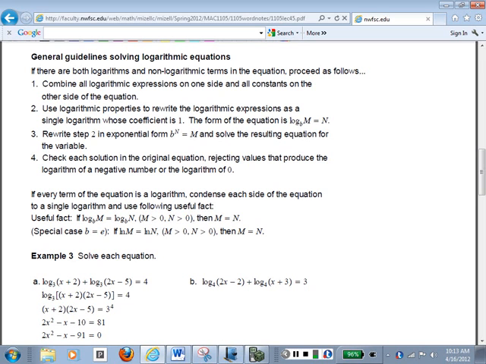But if it's one that we can solve algebraically, it's going to boil down to one of 2 situations. If we have logarithms on either side of the equation, we'll want to condense all the logarithms together as much as possible. Have as few logarithms as possible on the left, as few logarithms as possible on the right, until we rewrite the equation into one of two forms.